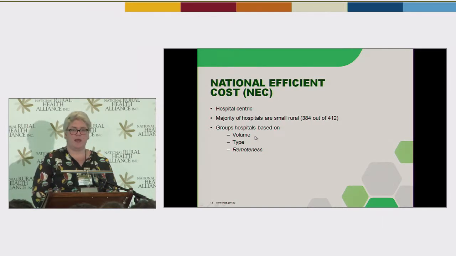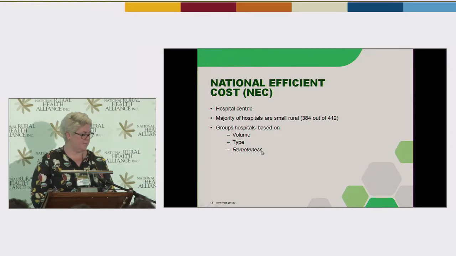And volume depends on both how many patients are going through these hospitals, but also how complex they are. We also break it up by hospital type into hospitals that are providing surgical services, hospitals that provide overnight care, and then hospitals that provide day services only. And then the third metric that we use is remoteness. And at the moment that's based on RA as well.